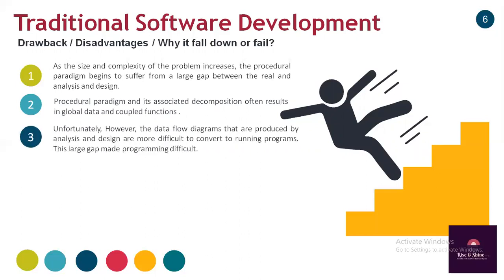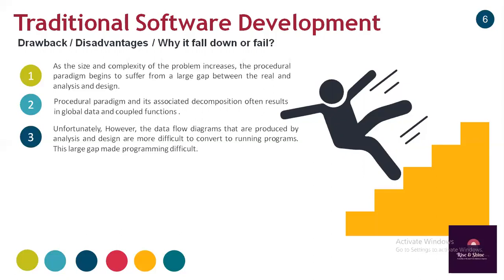Unfortunately, the data flow diagrams produced by the analysis and design are very good for understanding, but they are more difficult to convert into running programs or code. This large gap made programming difficult.